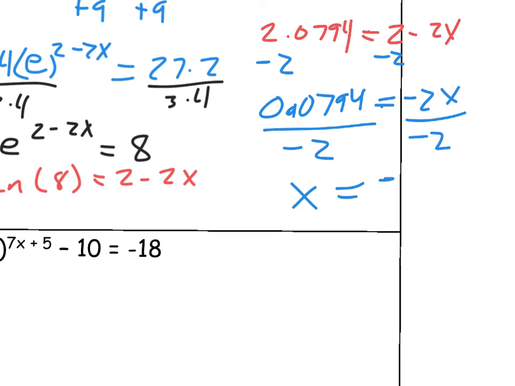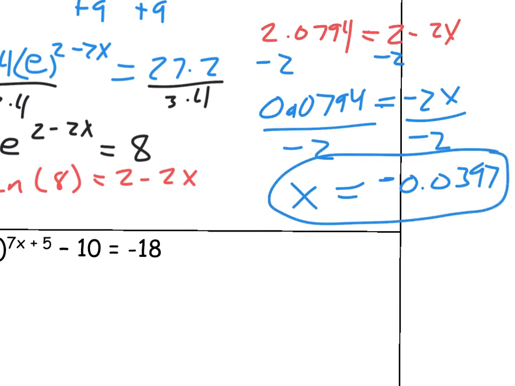So negative, first of all, 0.0397. Kind of a funky little negative decimal, but that's it. Go ahead and finish this up, submit it, and we'll see you next week.